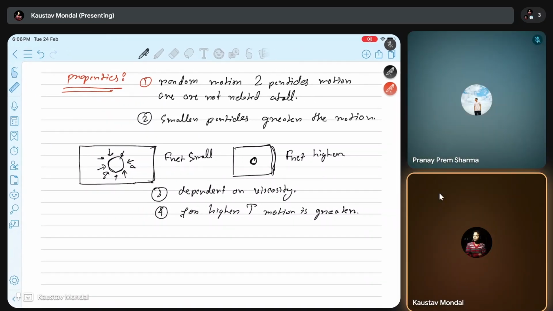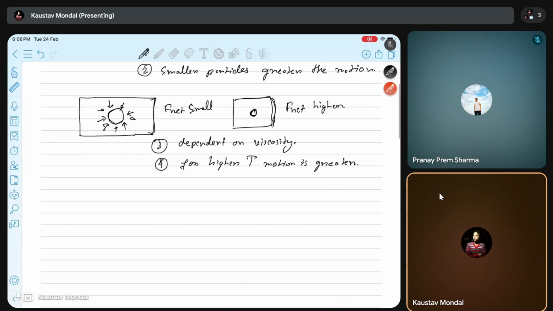If you make the temperature higher, the particle will face higher forces, and because of that the motion will also be greater. These are the several properties of Brownian particles that we discussed in the last class.